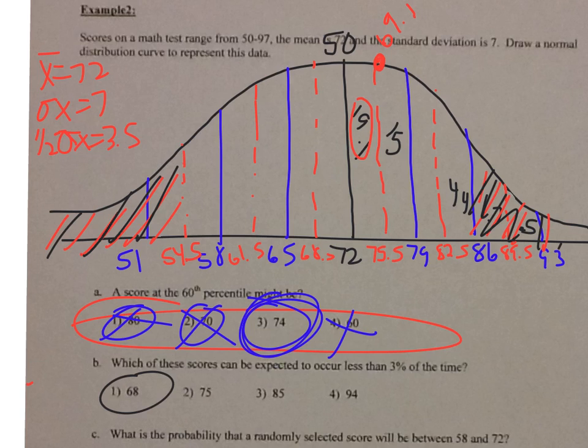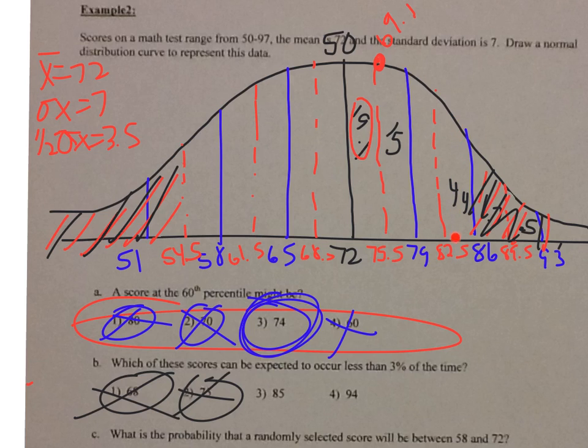Okay, so could it be 68? Well, 68 would be over here. So that's not less than 3% of the time. 68 is happening most of the time. Could it be 75? Well, 75 is in here. So no. What about 85? 85 would be in here someplace.